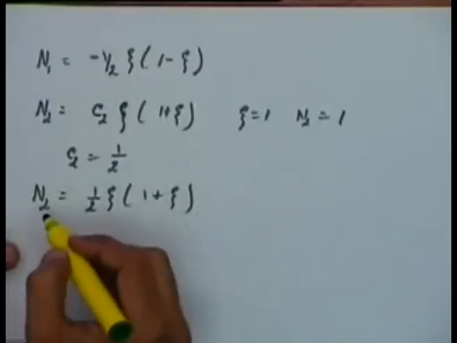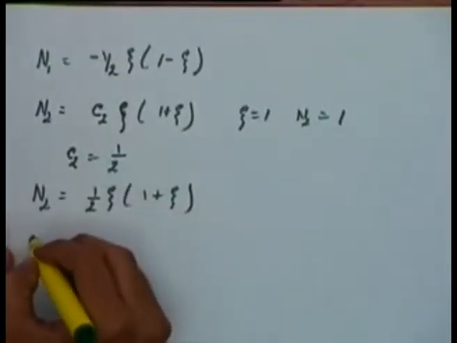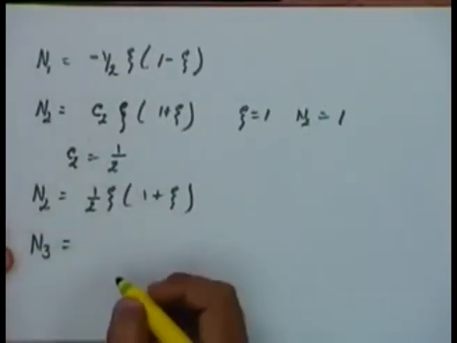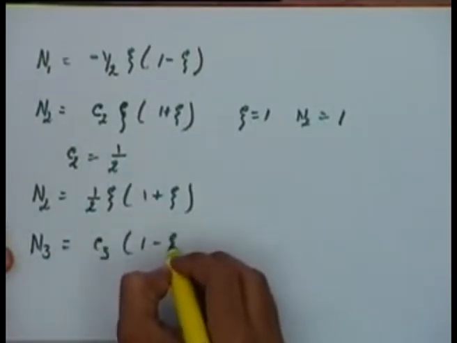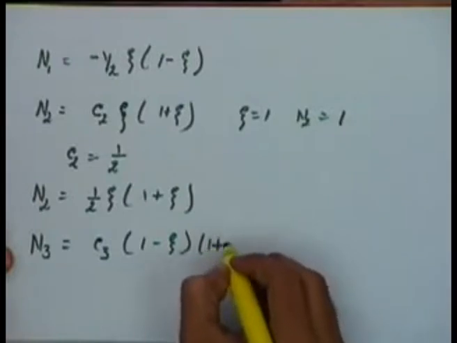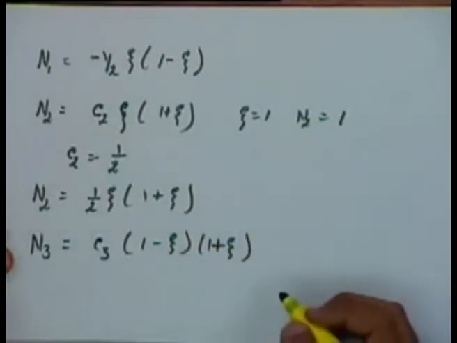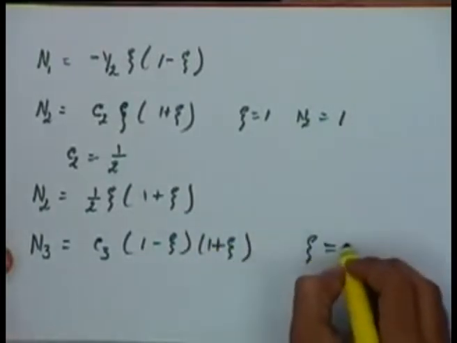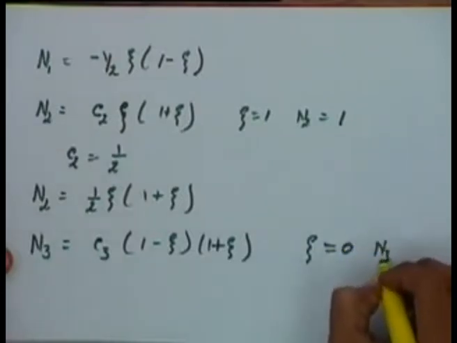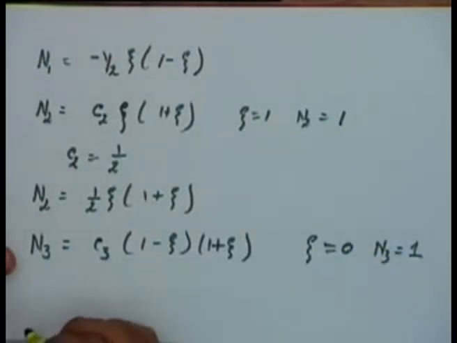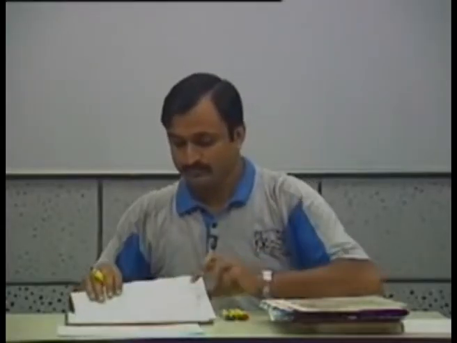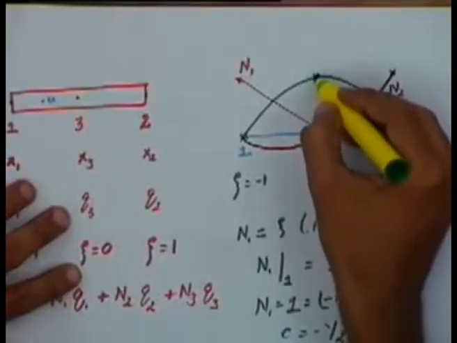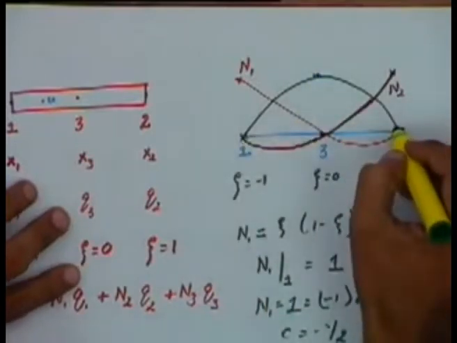Now we have got N1 and N2. Similarly, if you look at N3, N3 will be some constant C3 multiplied by 1 minus zeta into 1 plus zeta. At zeta equal to 0, N3 is equal to 1, and at both these endpoints it has to be 0.